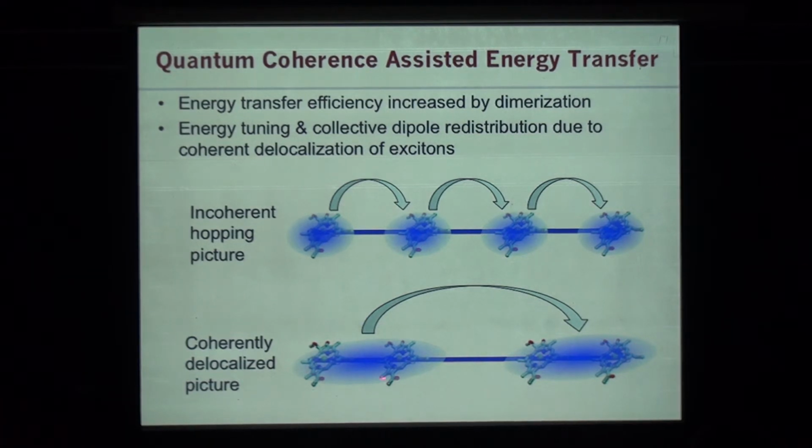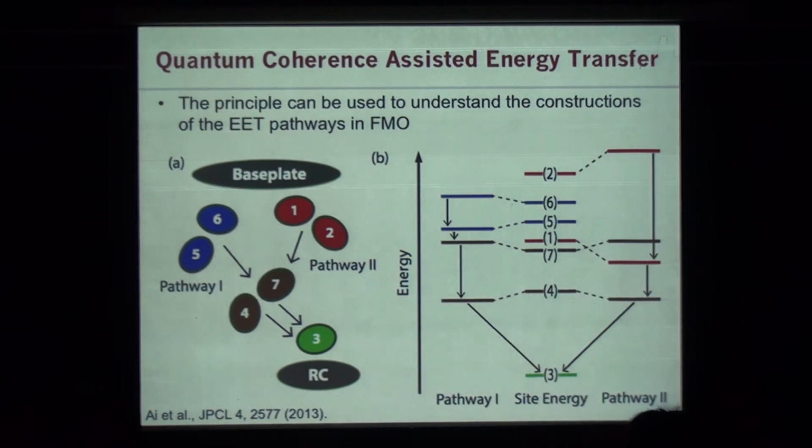If you couple them closer and achieve a jump from one delocalized superposition state to another delocalized superposition state, this could be more efficient. So this kind of design principle, incorporating quantum coherence, might be useful and important for future design of better energy materials. We could also use this to explain energy transfer pathways in FMO.